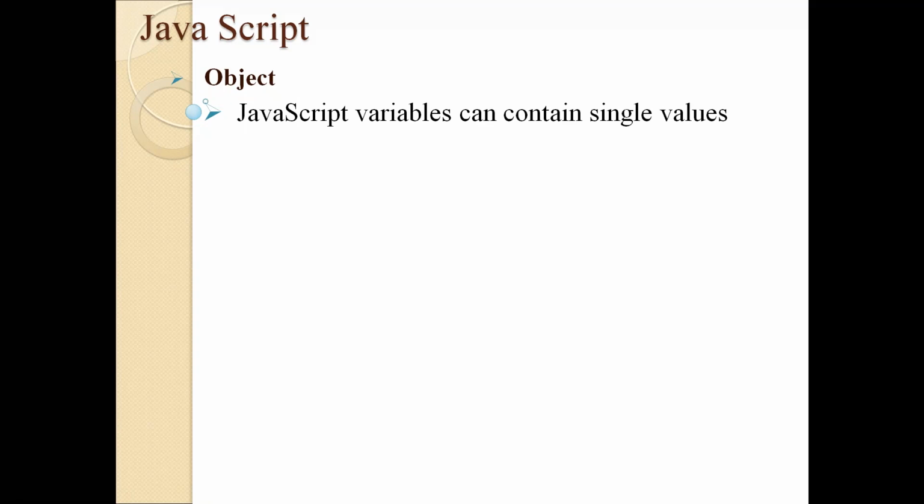So initially the value inside the variable is 100, and then it was changed to 200. If you observe, at a particular point of time, a will have 100 or 200. We cannot have 100 and 200 at the same time inside a.